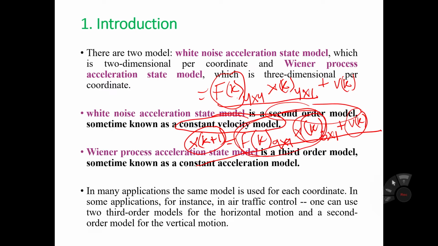In many applications the same model is used for each coordinate, and in some applications, for instance in air traffic control, one can use two third order models for the horizontal motion, and a second order model for the vertical motion.